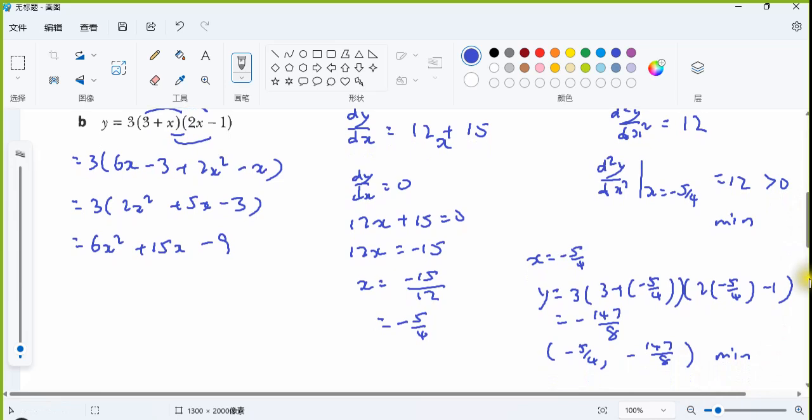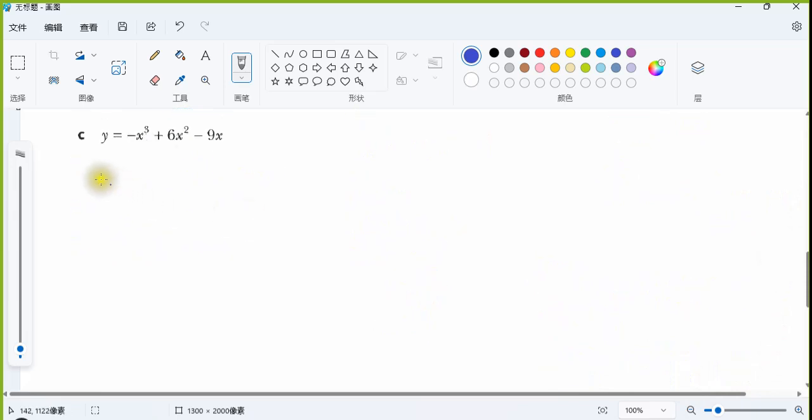Okay, next, this one, dy/dx will be negative 3x squared plus 12x minus 9. And the second derivative will be negative 6x plus 12.